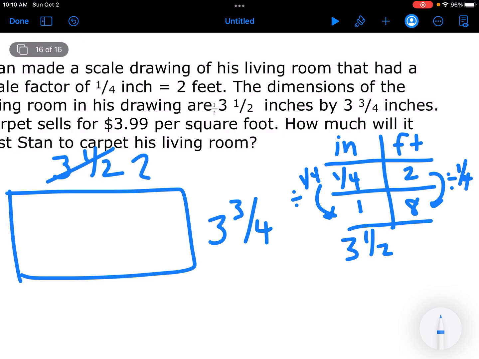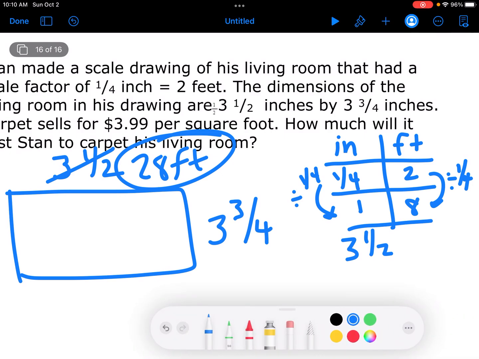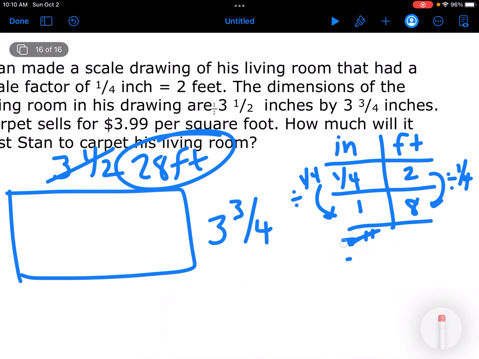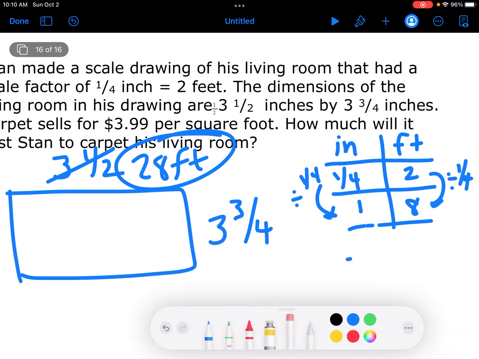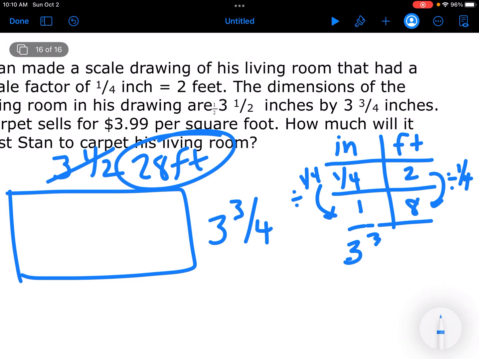And I get 28 feet. That's a big living room. Okay, and then I'm going to do 3 and 3/4 times 8. And I get 30.